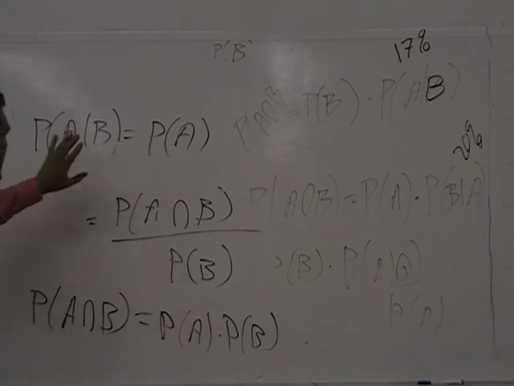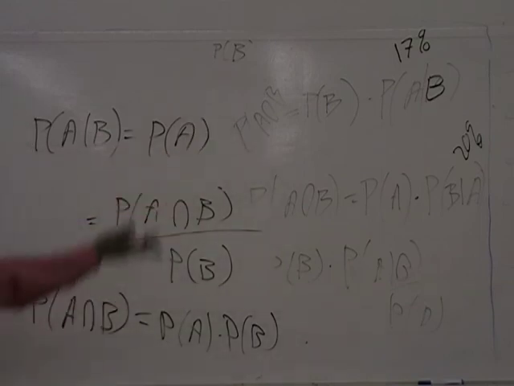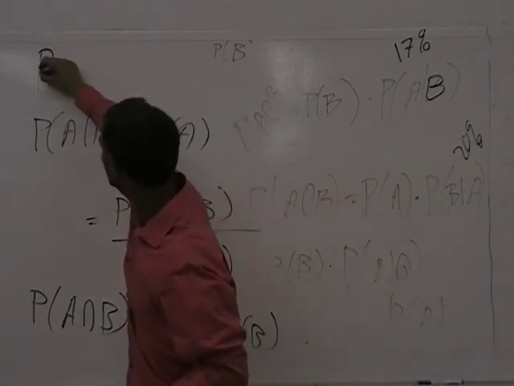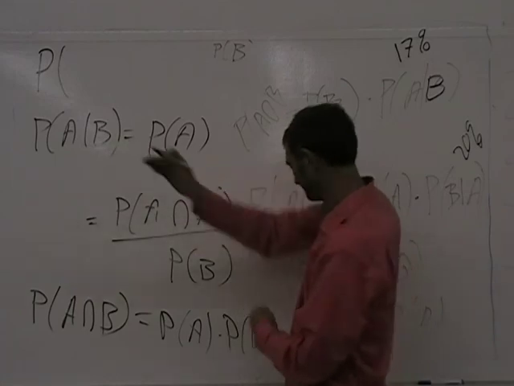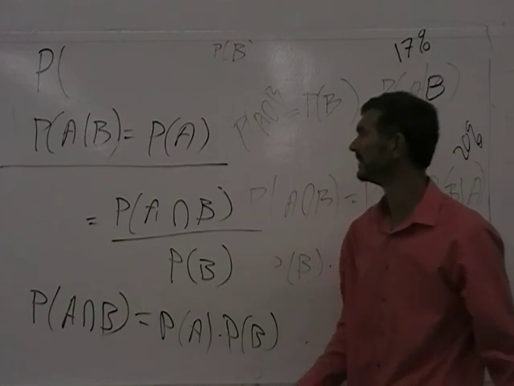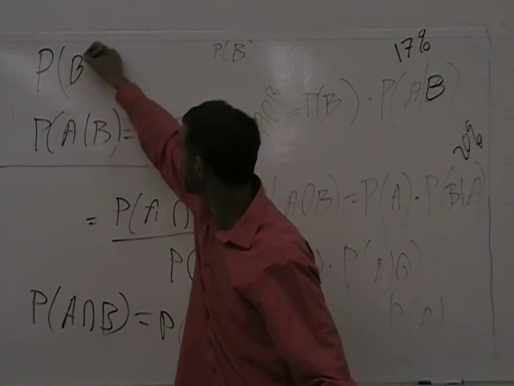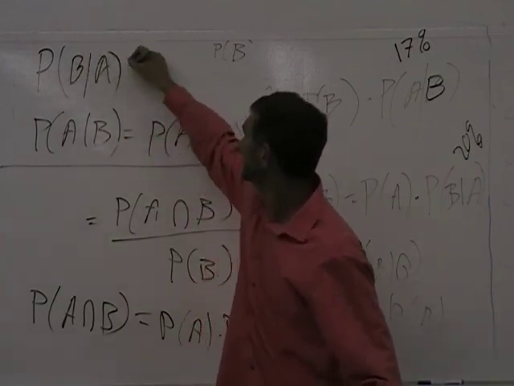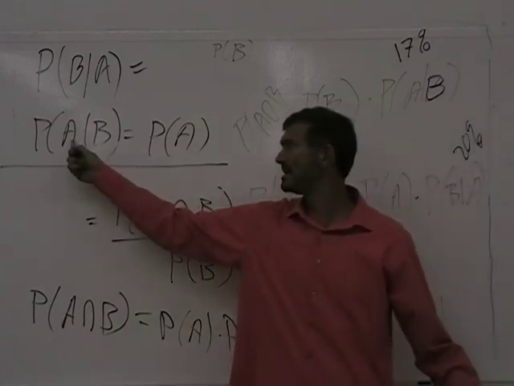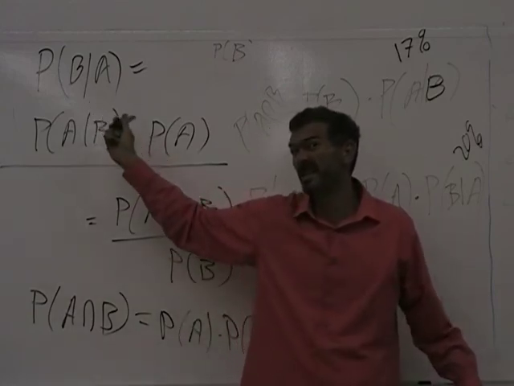Let's say this is true again, and go to: if this is true, do we know what the probability of B given A is? A doesn't depend on B. Does that mean B doesn't depend on A?